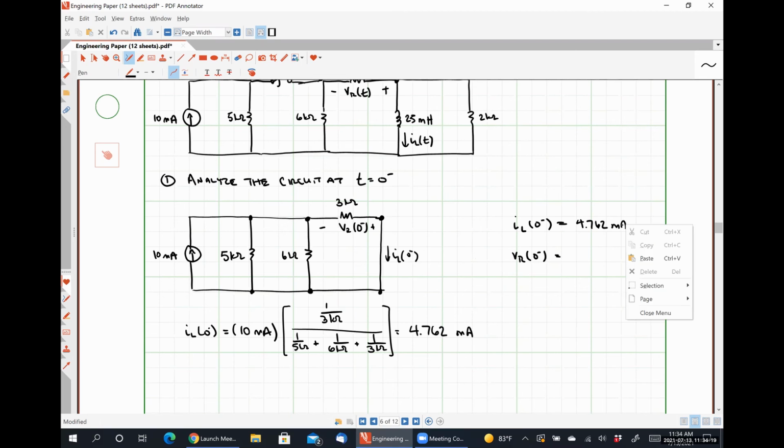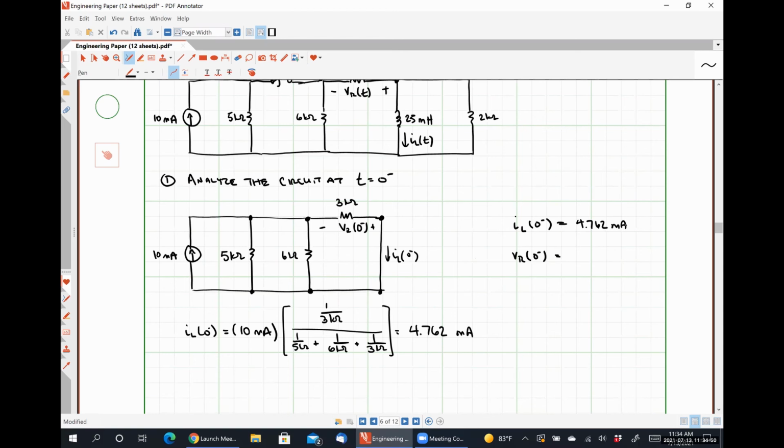So before we move on to calculating that voltage, does anybody have any questions about how I applied current division to our circuit? Or are you all comfortable with that? Pretty comfy. Fantastic. So the suggestion was that our voltage drop across our resistor is simply going to be that current IL at 0 minus times 3 kilo ohms.